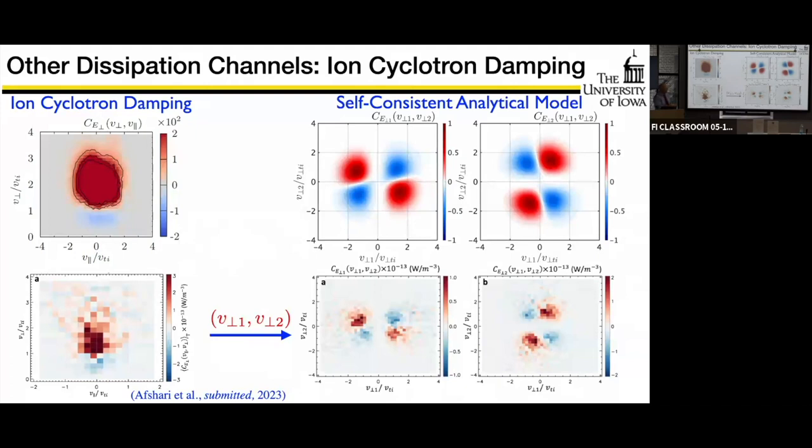But you see exactly the same bipolar signatures, where in opposite quadrants there's either energization or loss of energy. And the skew in these all has to do with the phase and amplitude relationships between the electric field and the ion velocity. But we understand this pretty well. So this is a first pretty definitive identification of ion cyclotron damping directly measured in the magnetosheath.